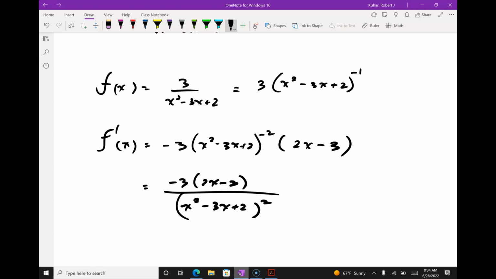So where is that critical value of the first derivative? 3/2. If x is bigger than 3/2, that negative 3 controls the sign of the derivative. The 2x minus 3 is positive, and the downstairs is for sure positive because I'm squaring it. So I know that the derivative is negative after x is 3/2.